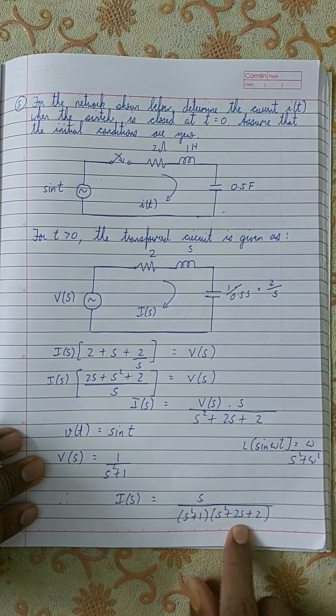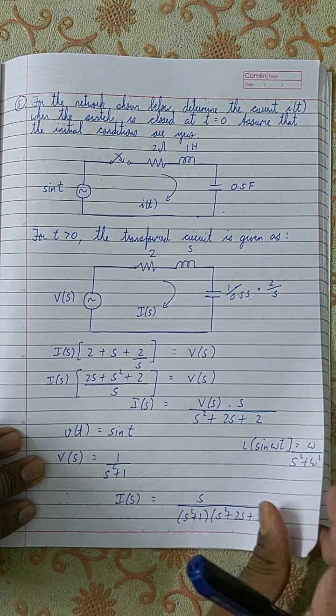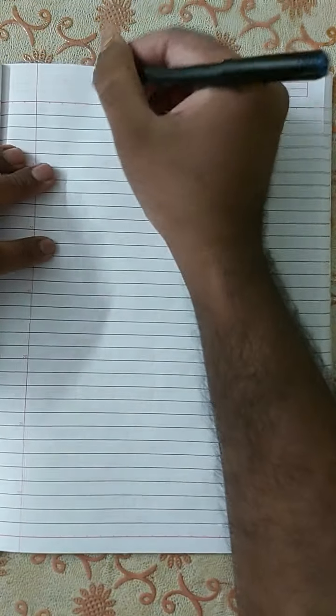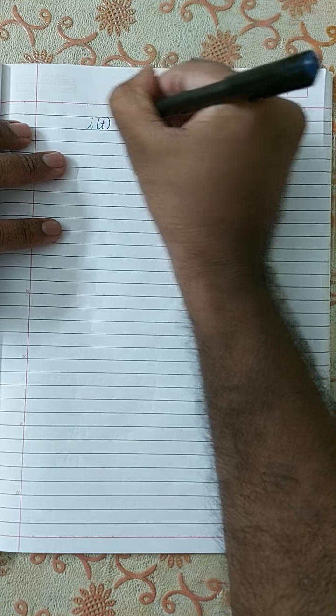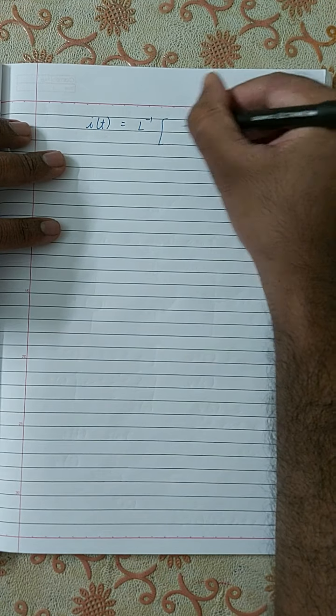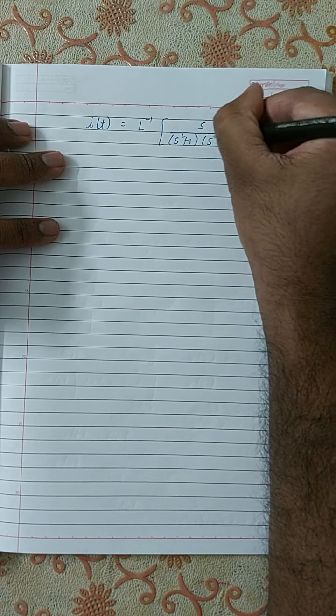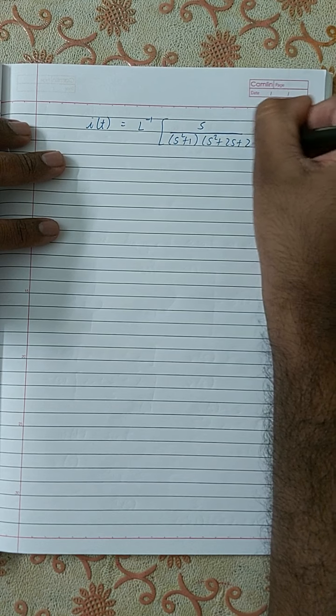Both the expressions are not factorizable. So now, if you want to find the value of I of t, I of t is equal to the Laplace inverse of s by (s square plus 1) into (s square plus 2s plus 2).